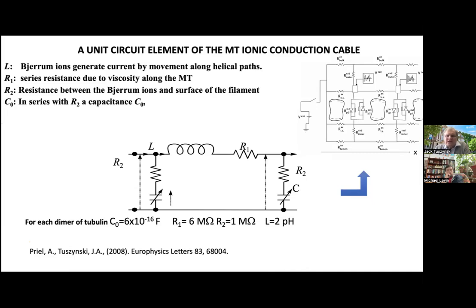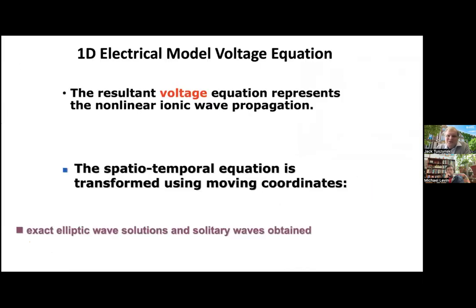So this is an equivalent electrical circuit, and we predicted these values and waited not quite 20 years, but maybe 15 or 17 years, to find some validation of these numbers, which were predicted at that time.